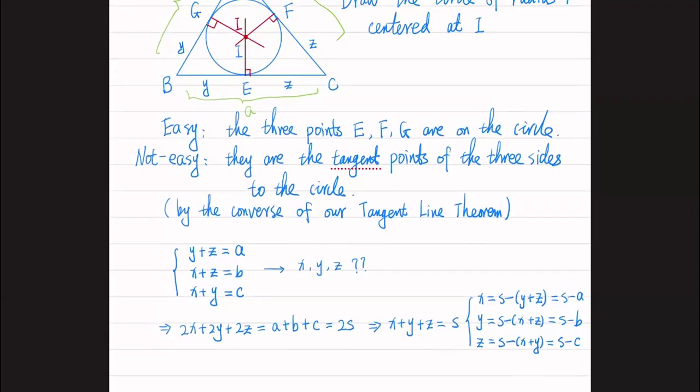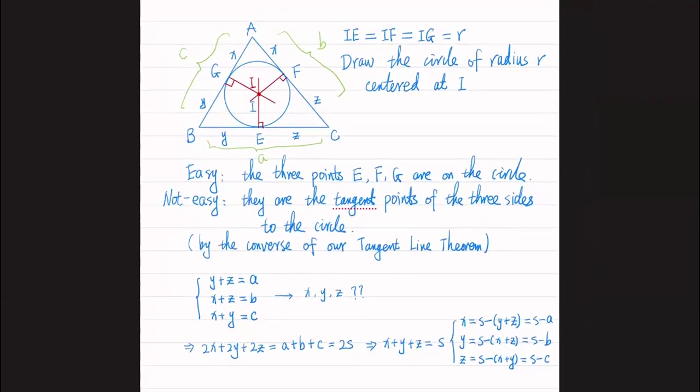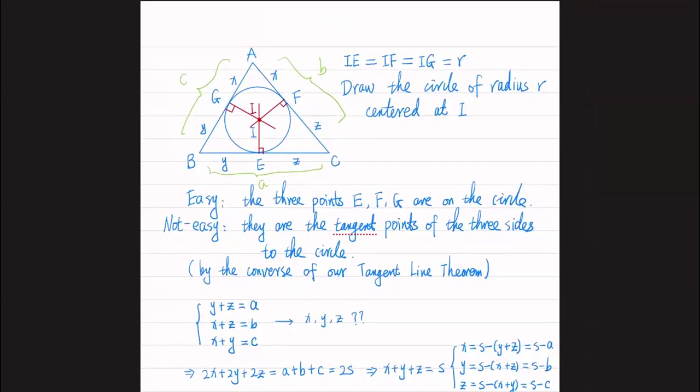But how do we remember this? To help you remember it, 2x is s minus a. So it's the half perimeter subtract the opposite side. We have a here, so this will be s minus a. We have b here, so this will be s minus b.